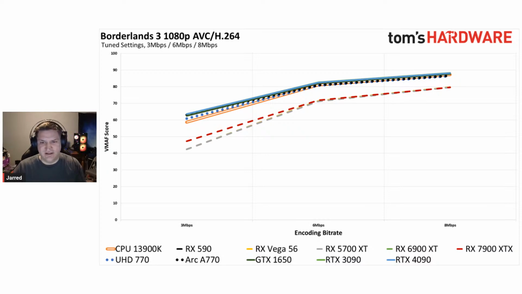And then the RTX 2080 Ti and GTX 1080 Ti, I removed from the line charts because the 1080 Ti quality was identical to the GTX 1650, and the 2080 Ti quality was virtually identical to the 3090.